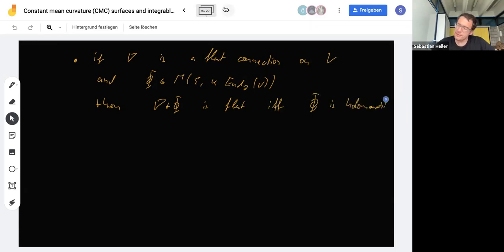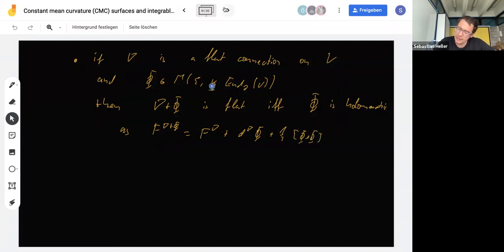So basically, this is the same computation as in the lemma before. If we do the computation, F of nabla plus phi, this is the curvature of nabla plus the exterior derivative of phi, and then one half phi wedge phi, but phi is a 1-0 form.